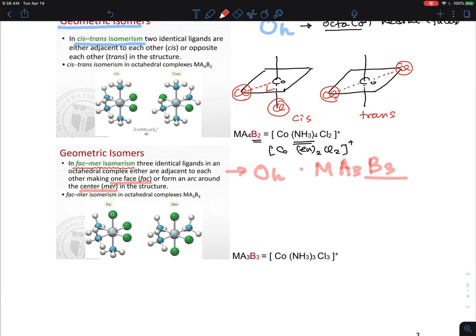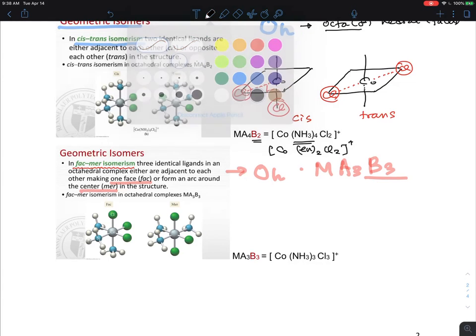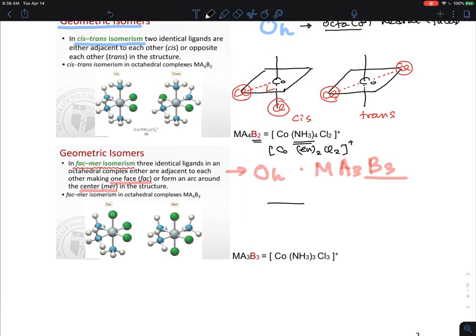So if I draw these structures now, same thing. Octahedral means you have a plane, and then you have a cobalt sitting in the complex, let's say this is a 3+ once more.